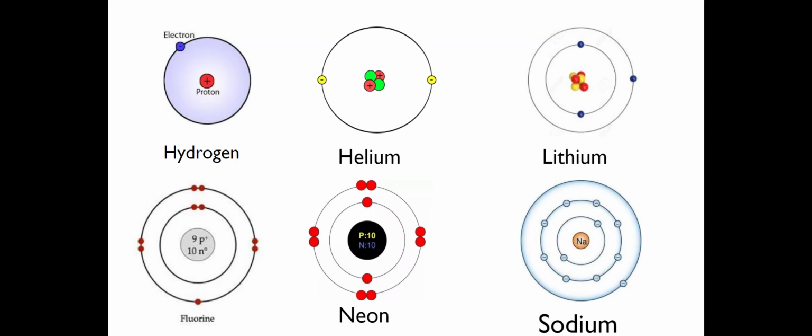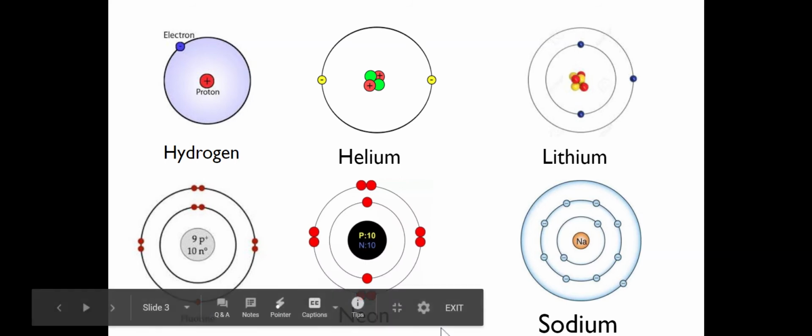Sodium is number 11, which means it has 11 protons and 11 electrons. The first energy level can host 2. The second one can host 8. And 2 and 8 gives us 10. So sodium has 11. It has 1 extra. What happens is this one has to go to the third energy level. So it looks like this.